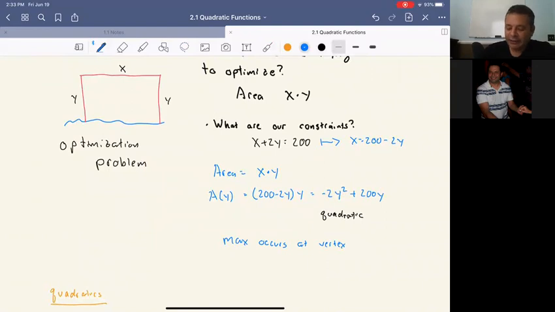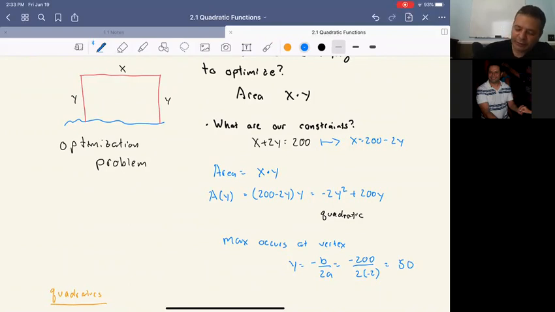In this case, it's an equation in y, so it's going to be y equals negative b over 2a, which is negative 200 over 2 times negative 2. Our b is 200, our a is negative 2. So that's going to end up being negative 200 divided by negative 4, which is 50.